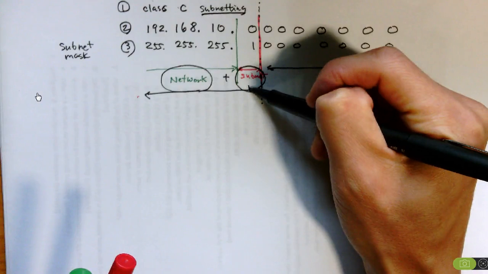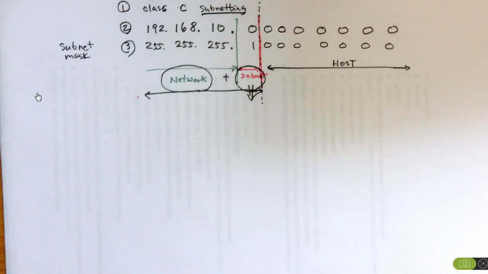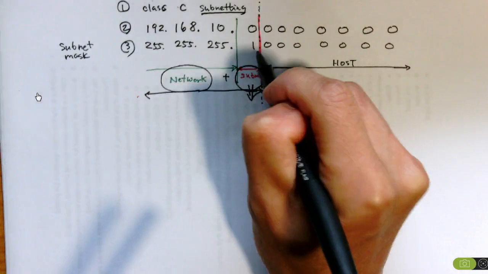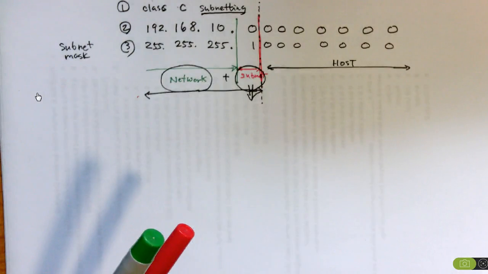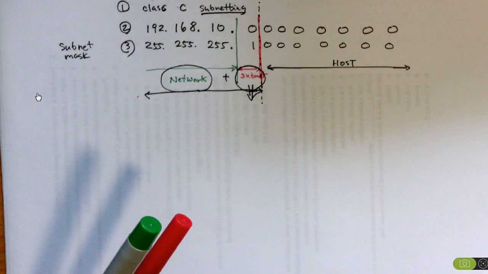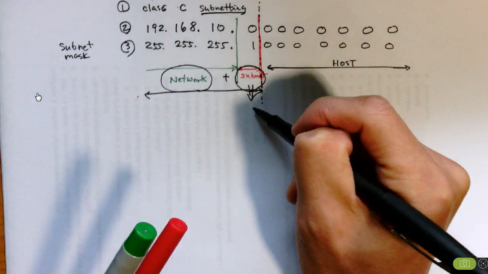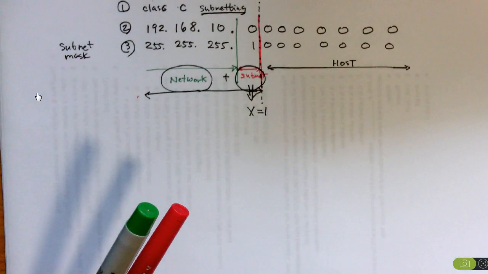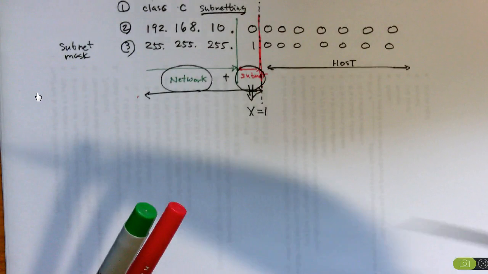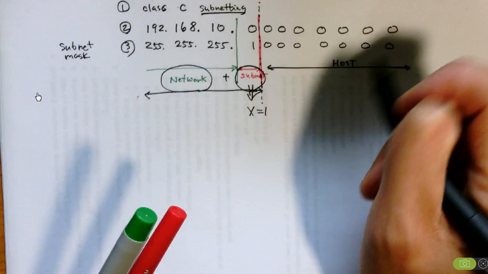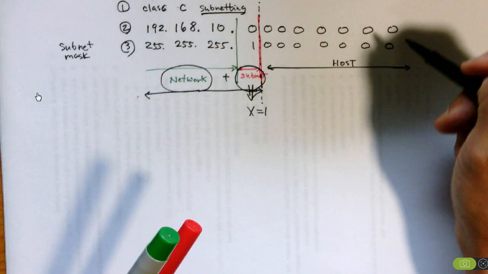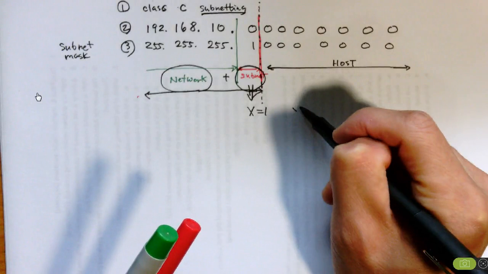In this particular case, since it's 192, only one bit is used for the subnetting portion. So x is 1, and in classic subnetting, x plus y is typically 8, where y is the host bits. So from this we know that y is equal to 7.